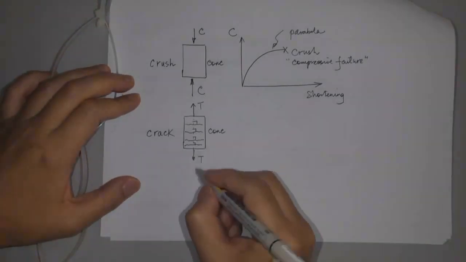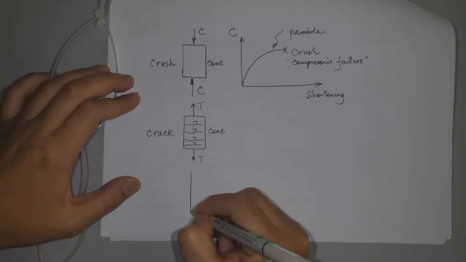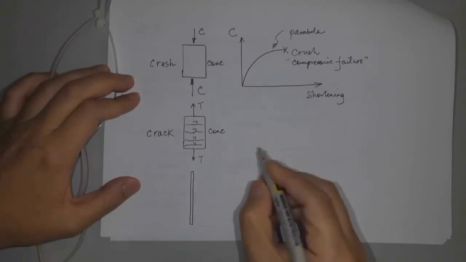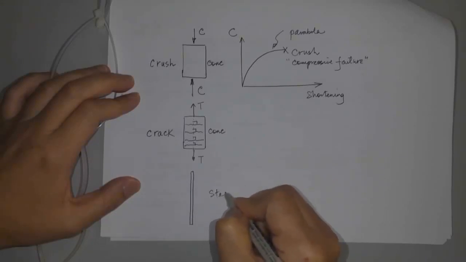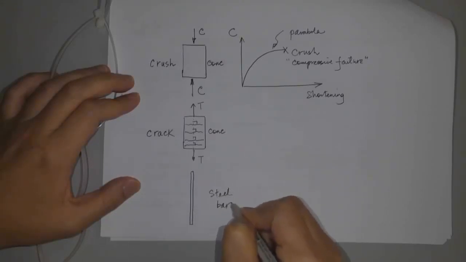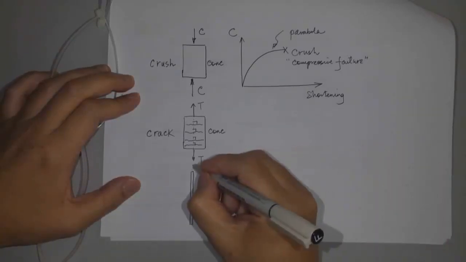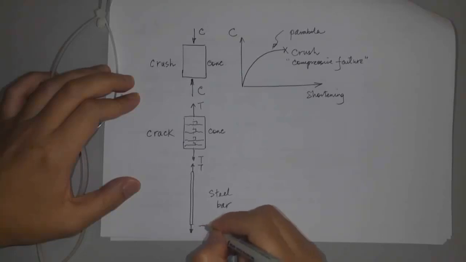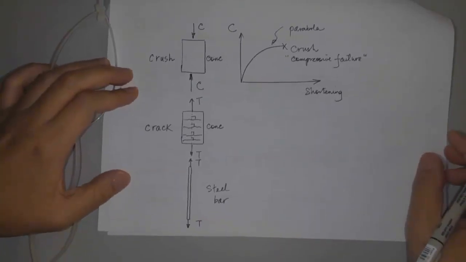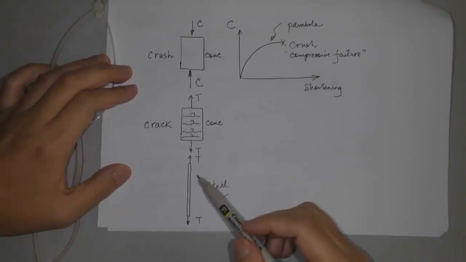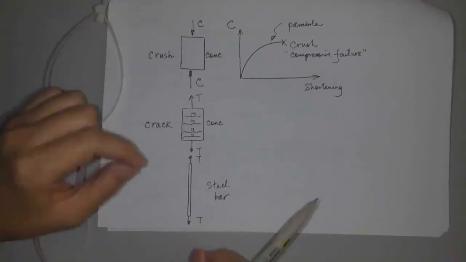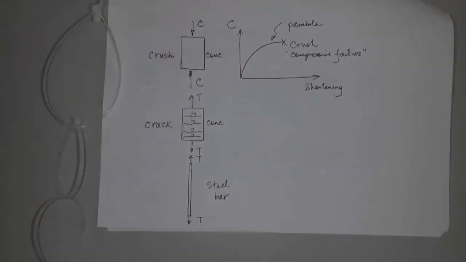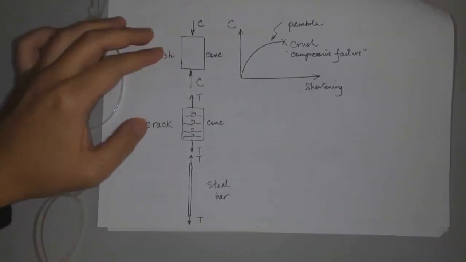But if this is a piece of steel, then the story is different. If this is a steel bar, a steel reinforcement, if you try to pull it, and the objective is you try to find out how much load this steel bar can carry or can take. So you keep pulling until it breaks into two parts, it fractures.